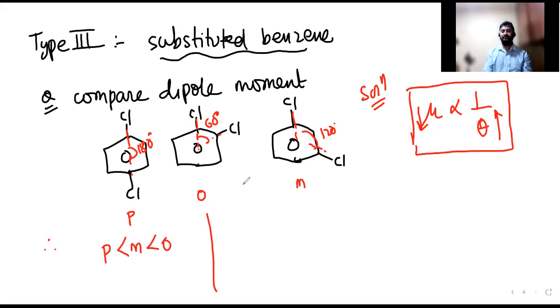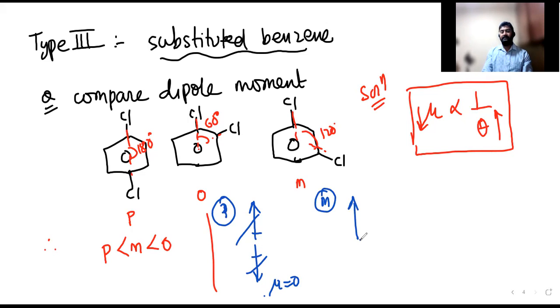This is the shortcut, but what is the lengthier method, the actual way of doing it? We'll have to draw the diagrams. For para, the diagram will be towards chlorine, and down towards chlorine, so both cancel, mu is 0. That's para. Now about meta, one up and one down. The angle is 120, right?